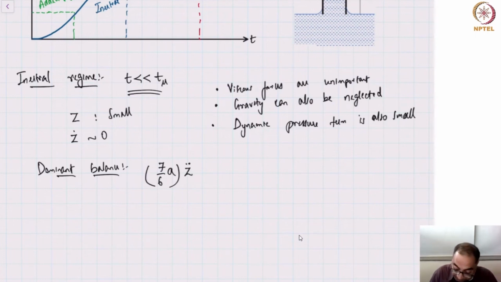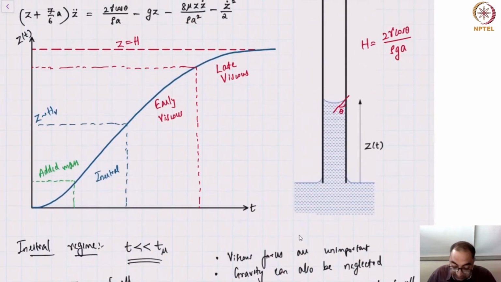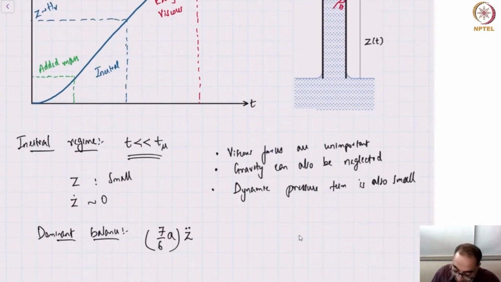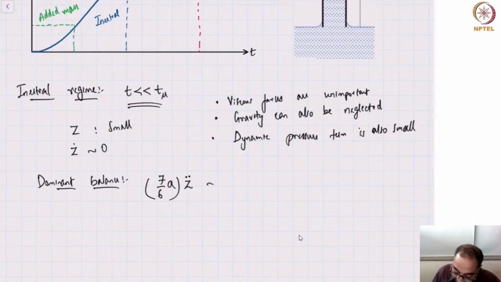And on the right hand side, gravity is small, viscous terms are small, and the dynamic pressure is small. So you cannot ignore surface tension because ultimately that is the driving force, and therefore we keep this: 2 gamma cos theta by rho a. And when we do this, what do we get?